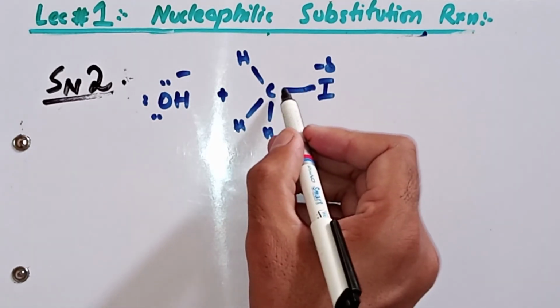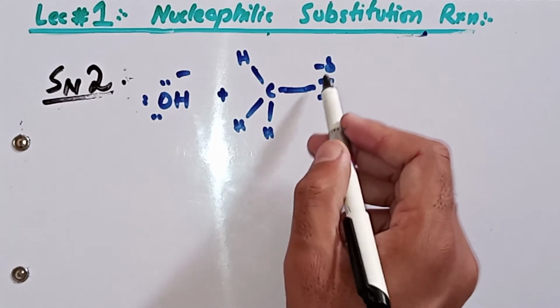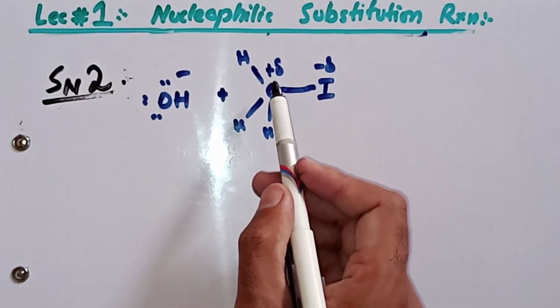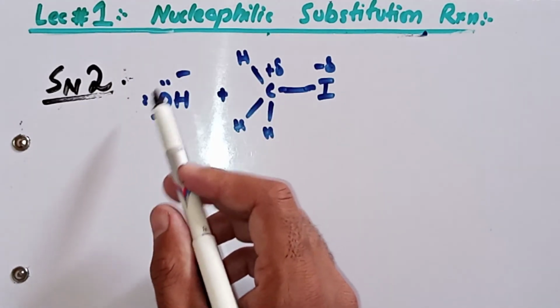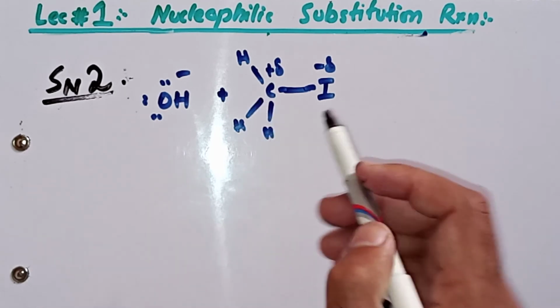It withdraws electrons from the carbon atom, from this bond, so that's why it becomes partial negative and the carbon becomes partial positive. That's why the carbon can act as an electrophile, and the OH group nucleophile attacks this electrophilic center.